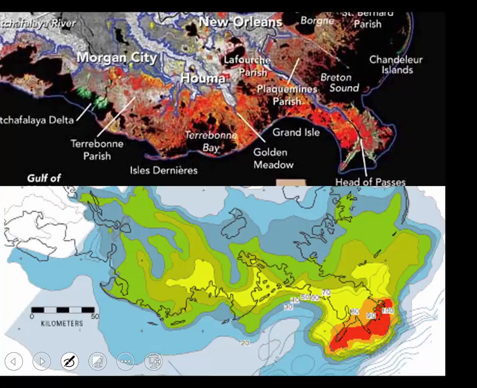Now, in this particular case, it's not just regional subsidence associated with salt, but it's actually subsidence of the underlying clays. The Mississippi River is a clay-rich, or mud-rich, river. As the sediment is deposited loosely, it gradually sinks.